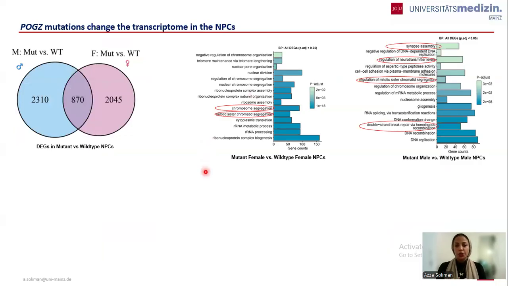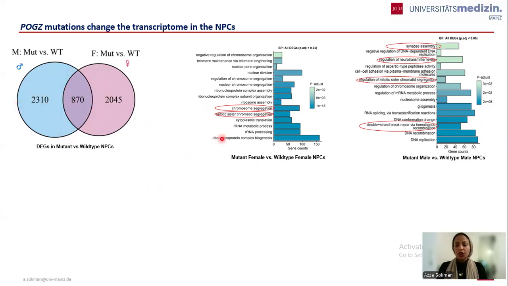Then we wanted to study how these mutations in the N-terminus and the HBZ domain could change the transcriptome of the MPCs. So we did RNA-seq, or RNA sequencing. And as you can see, of course, there were some DEGs, differentially expressed genes, common between the mutant female and mutant male.